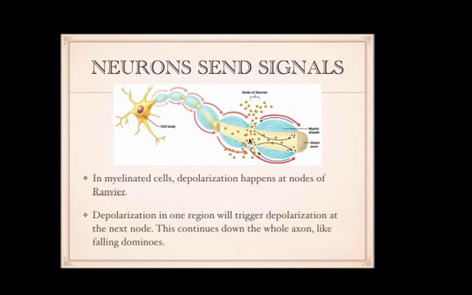So depolarization here, the rushing in of sodium ions, is going to result in more sodium gates opening up at the next node, which is going to then result in depolarization at the next node. So we can think of this kind of like a row of dominoes where one triggers the next, until we get all the way down to the end of the axon, to the axon terminal.